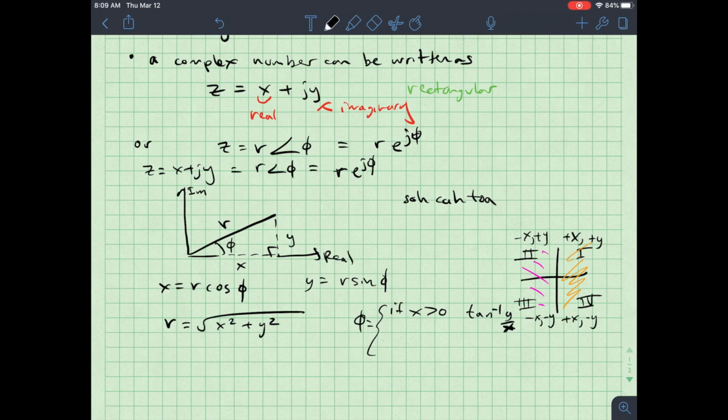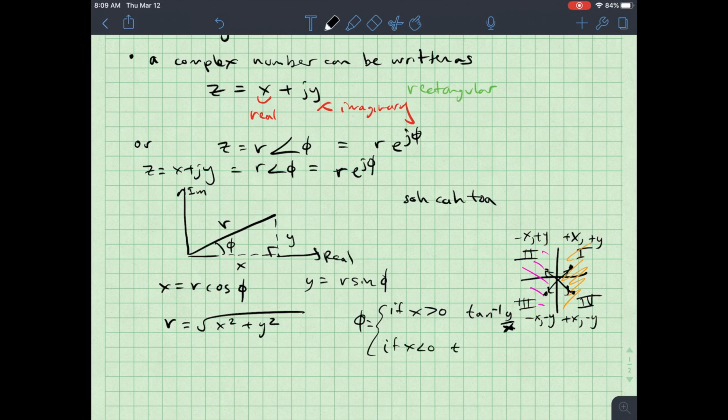If I use this same equation of inverse tangent of y over x, things in quadrant 3 will look like things in quadrant 1 because the negative signs will cancel, and things in quadrant 2 will look like they belong in quadrant 4. So I need to actually apply an extra piece to this.